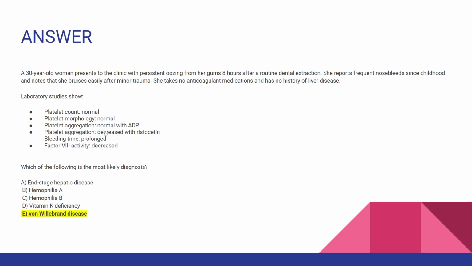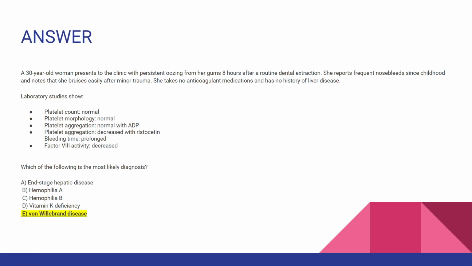Well, we literally just discussed that that's von Willebrand disease. You don't even have to go back up. And you will definitely get questions like this. If you don't know this, obviously you have to keep going up, but since you know this, you know they're talking about von Willebrand disease.